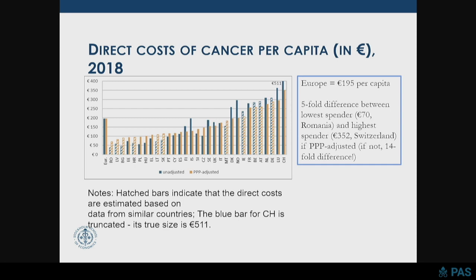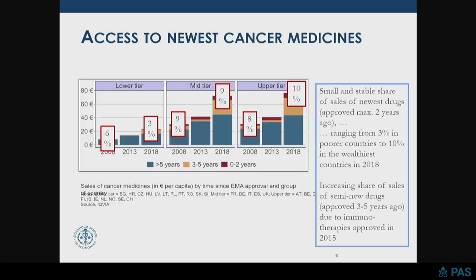And this is a very particular problem for cancer medicines, which are priced on an international market, while cancer surgery and other things are, of course, used by local resources. And also, if we look at access to the newest medicines, the lower tier countries with lower income are lagging very much behind in this, which is not surprising.